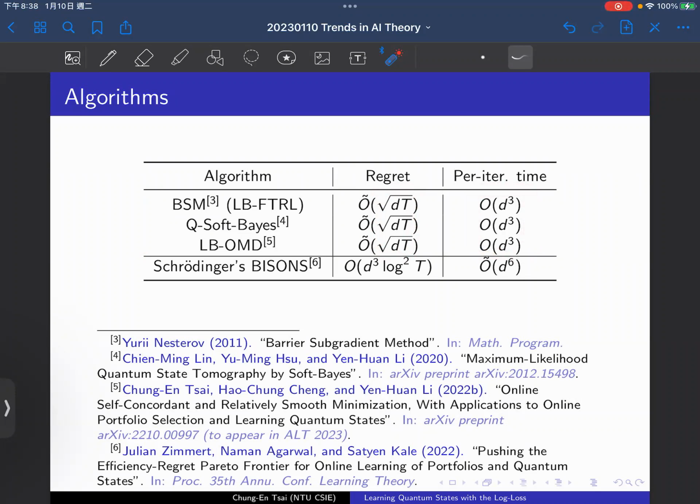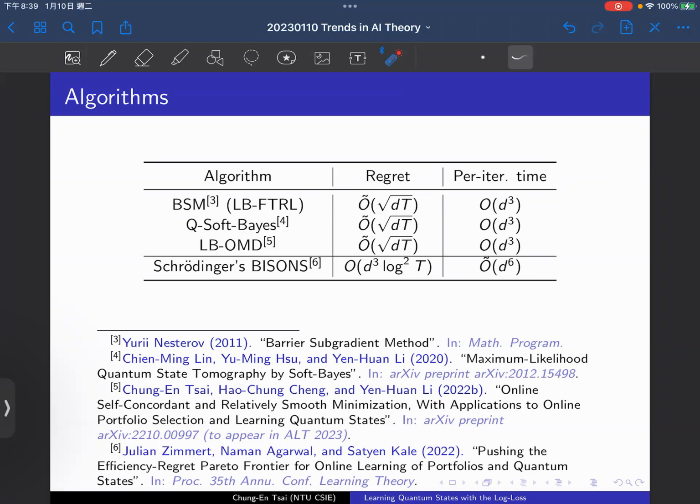The first algorithm was introduced by Nesterov in 2011, although I think he was not aware of this problem. He named the algorithm the barrier subgradient method, and if you check its form, it is in fact the following the regularized leader algorithm with a log barrier regularizer.